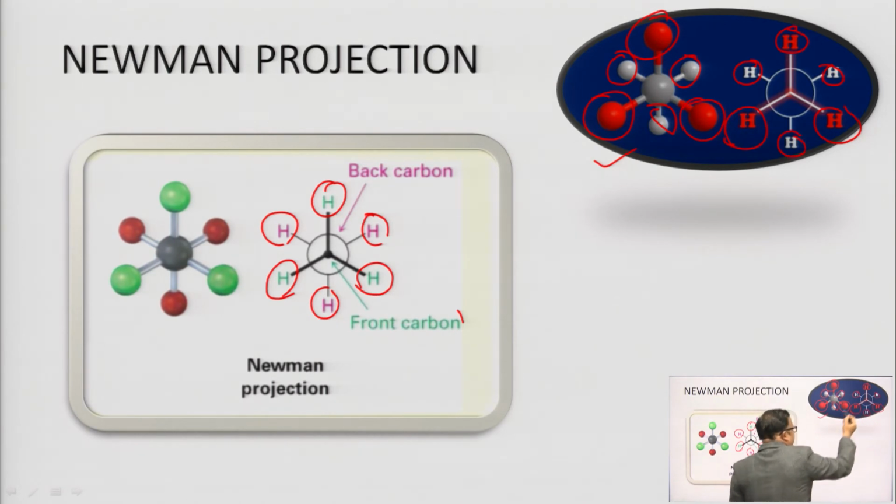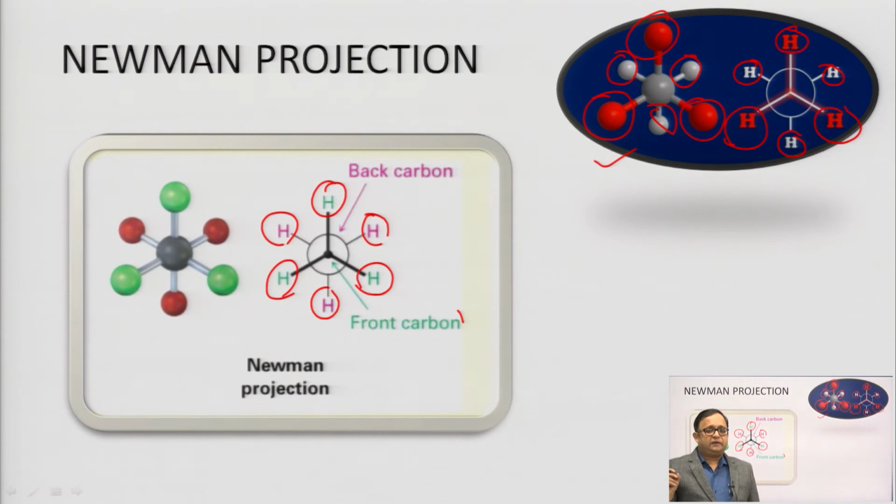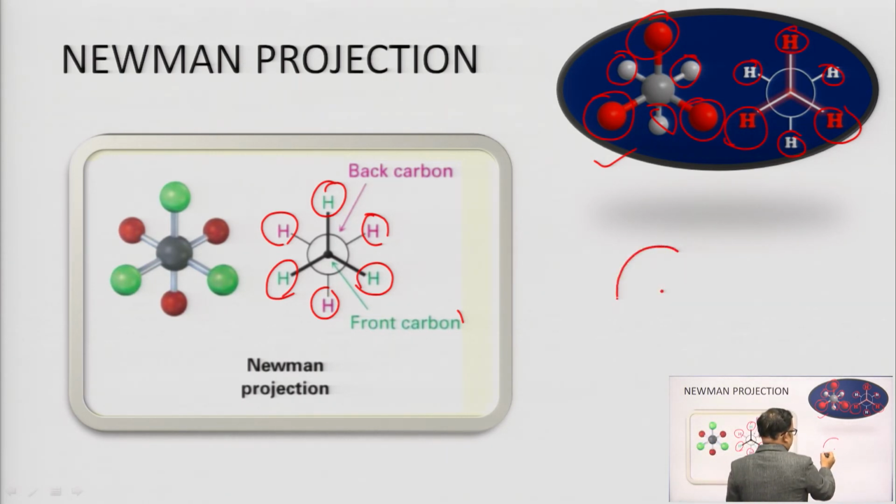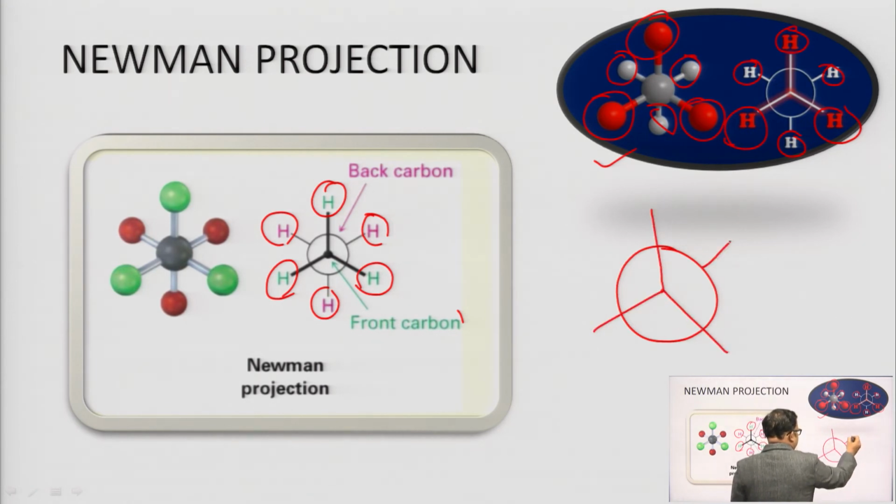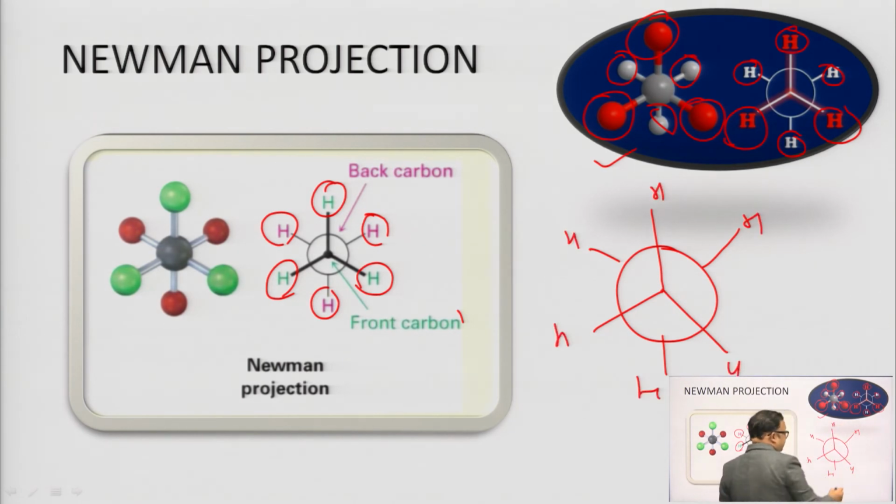So, we have to remember that the front carbon is represented with a dot, and the rear carbon is represented like a circle, and both the carbons have their own attached hydrogen atoms. For convenience, we can use different colors to represent these attached hydrogens.